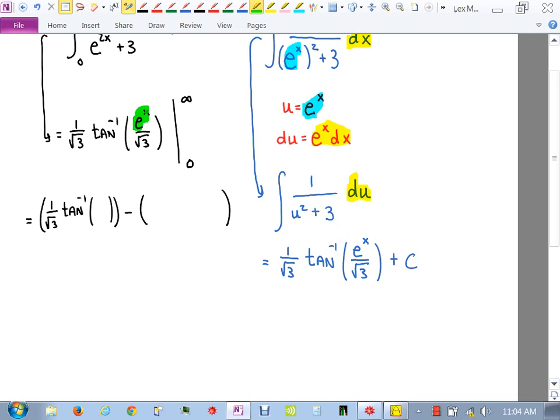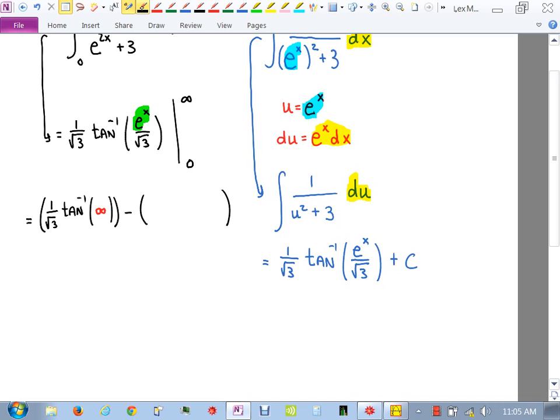Again, that's what's happening to the e to the x function as you go to infinity. Where is it going? Infinity. So that's basically infinity over the square root of 3, which is still infinity. So in here I have infinity. I'm putting in red just to stress to you, infinity, remember, was the idea, not a number.